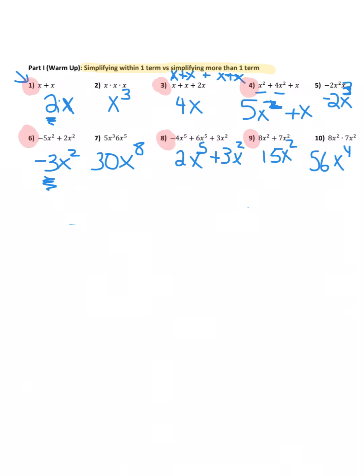We showed that quantity through the coefficient. We did not change our exponent. And it's only when you're simplifying within one term and you're simplifying repeated multiplication that you change the exponent. But when you add and subtract polynomials, I want you to think about problems 1, 3, 4, 6, 8, and 9 when you're combining those like terms. Thank you.